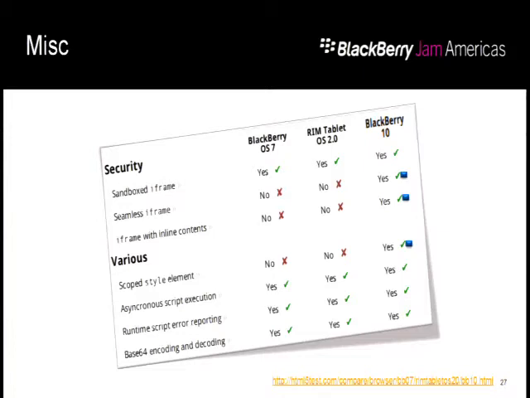And the next one is scoped style elements. This is something that's getting a lot of good press around CSS. You want to be able to add a style or CSS within one portion of the document and not have it bleed to the entire document, right? Today, CSS is kind of global. So this is something that's happening, but there are still lots of issues with it from a standards perspective.